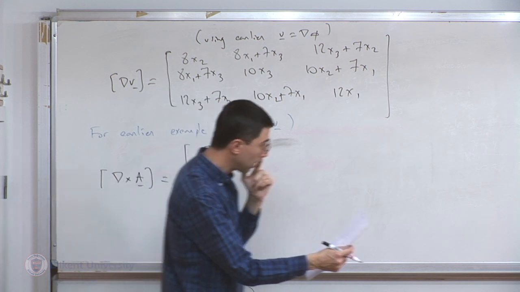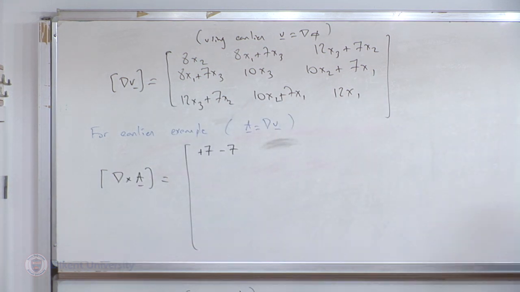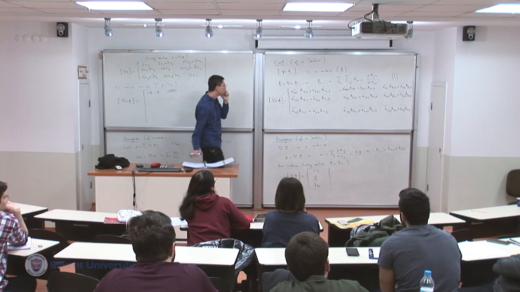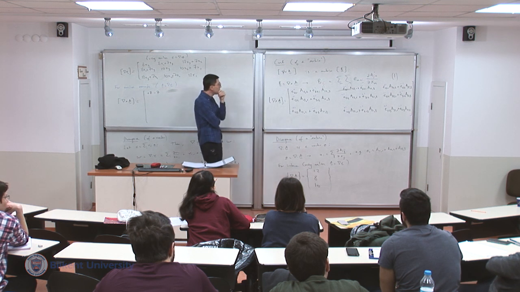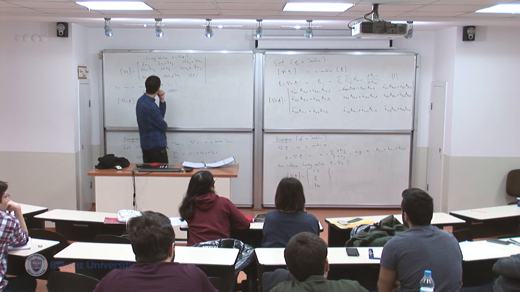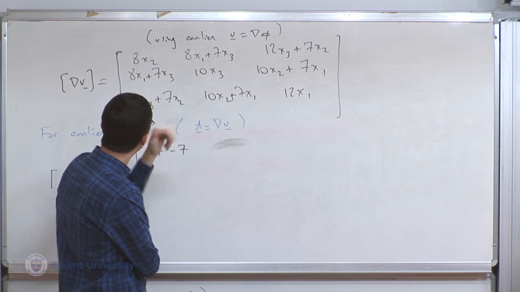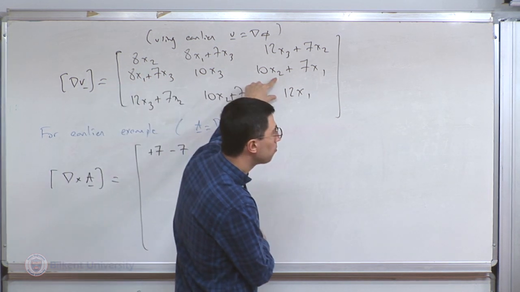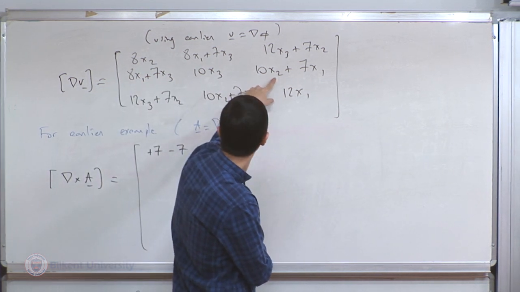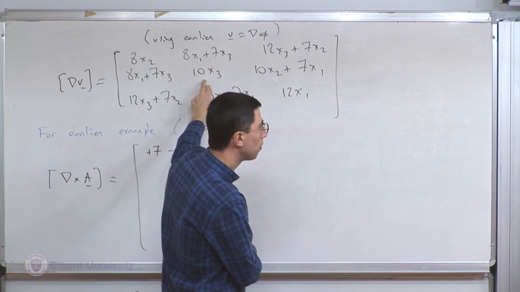Did I make a mistake? I do apologize. So let's look. 2, 3, 1. What is the problem? 2, 3, 1 plus 7, and then 2, 2, 3.